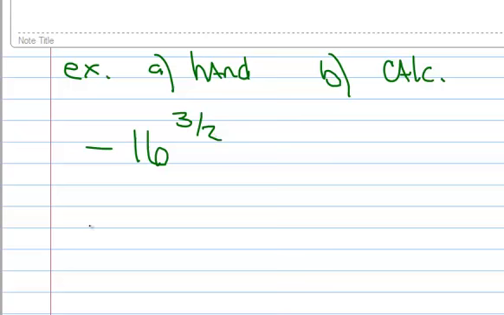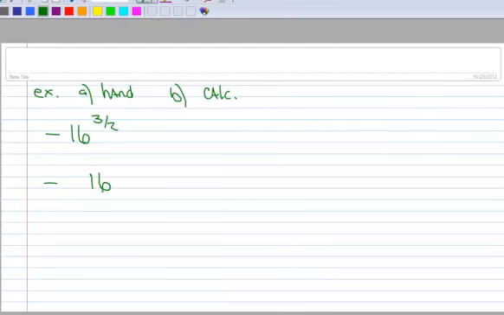To do it by hand, the negative is in the front, and then there's the 16. The 2 is a root, so that becomes the square root, and the 3 is a power, so I'm just going to put the power up there. The negative's still here, and the square root of 16 is 4. And we still have the 3rd power, and 4 cubed is 64, and we still have the negative in the front. So double check that with your calculator.